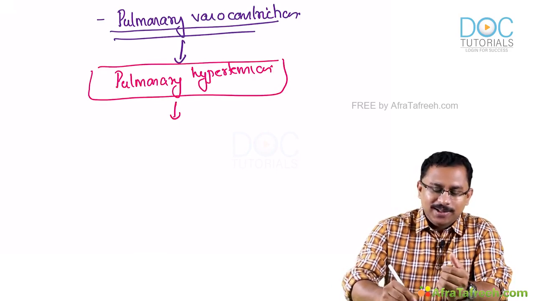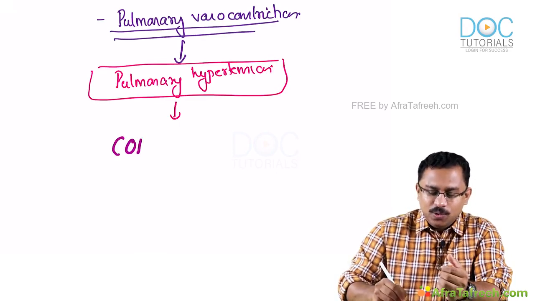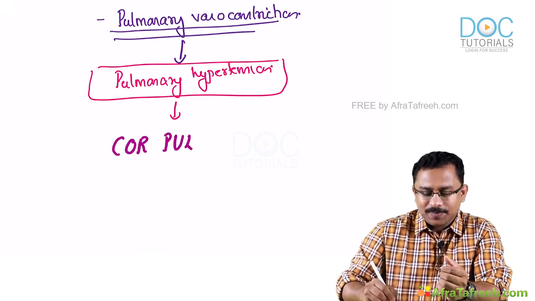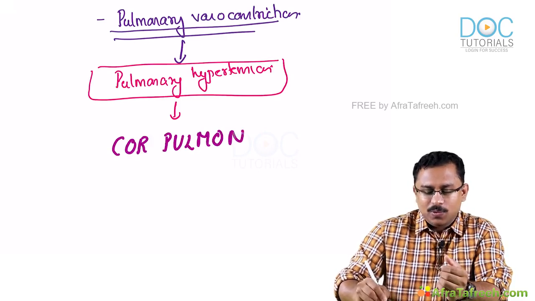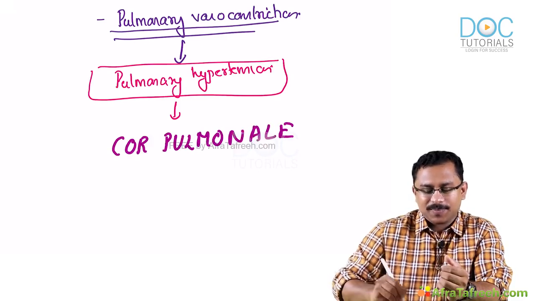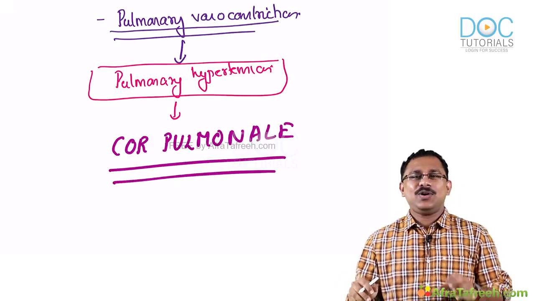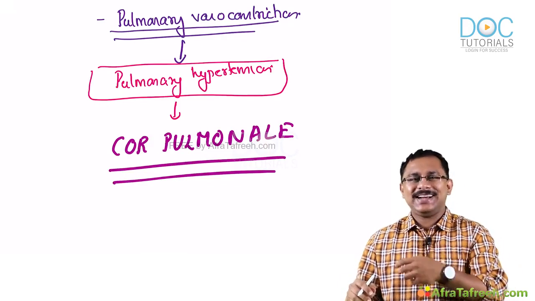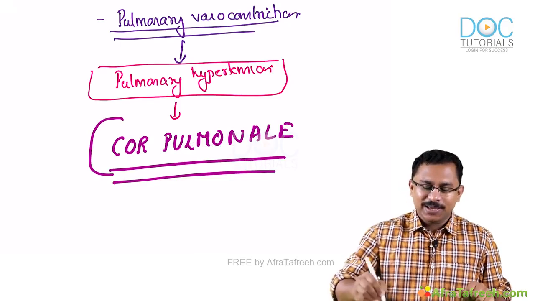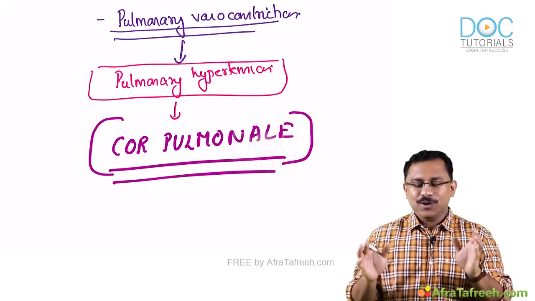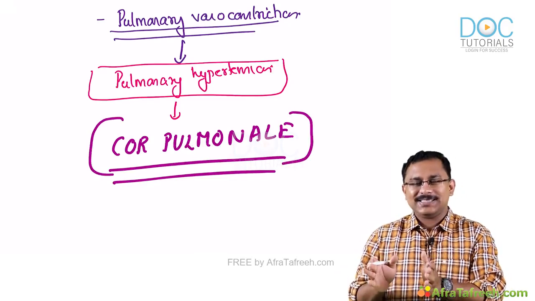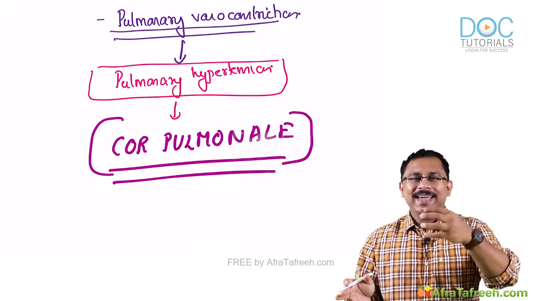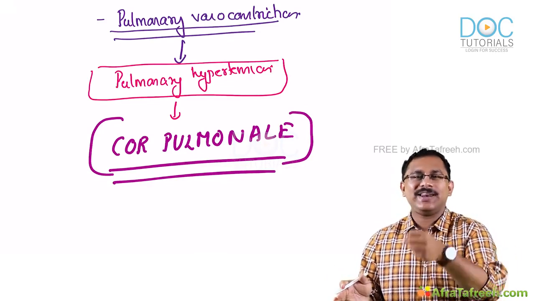Now long-standing pulmonary hypertension in an individual with emphysema will lead on to another problem, that is your cor pulmonale. So there is a right ventricular dilatation and dysfunction happening, and there will be a cor pulmonale. So are you very clear on what has happened in this patient with emphysema as the disease progressed?